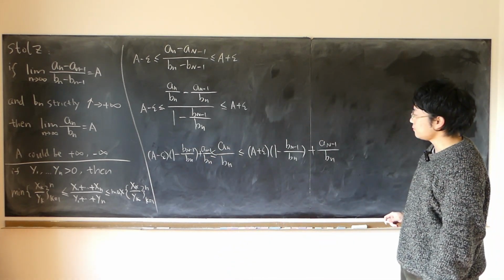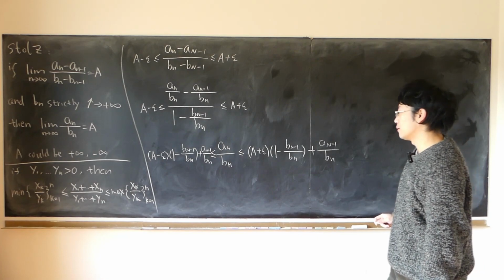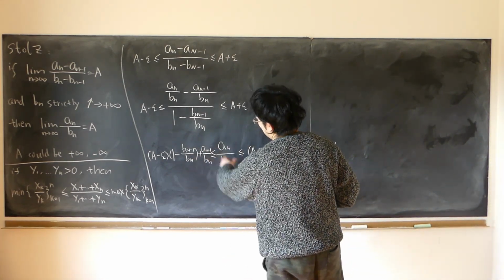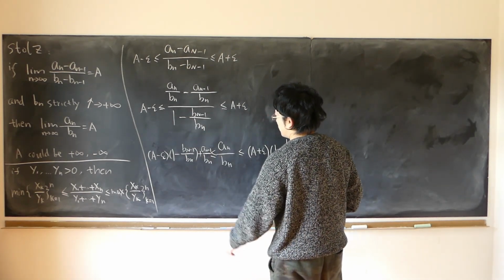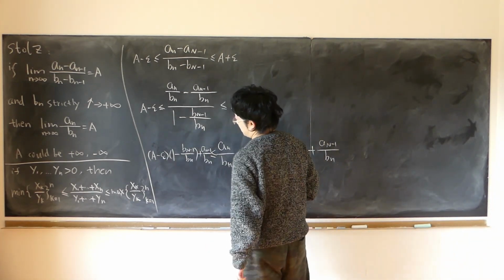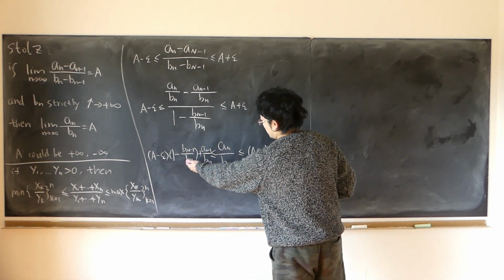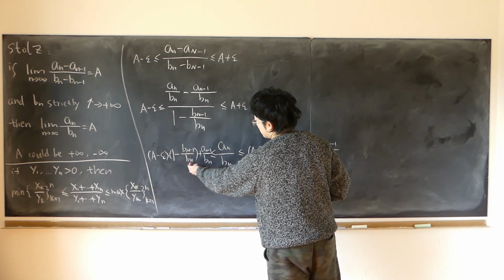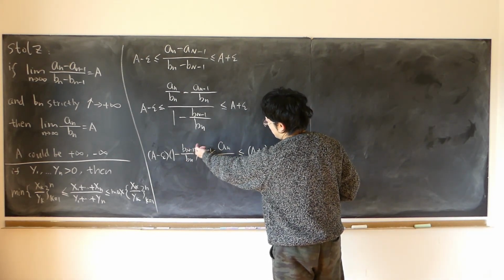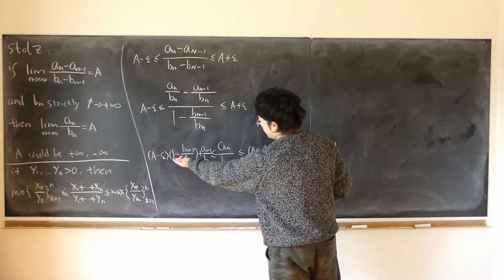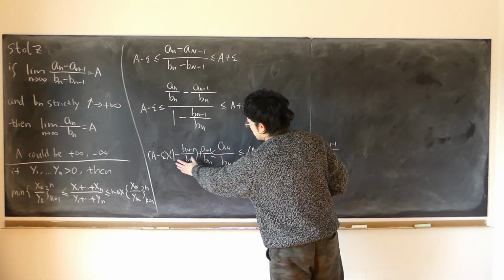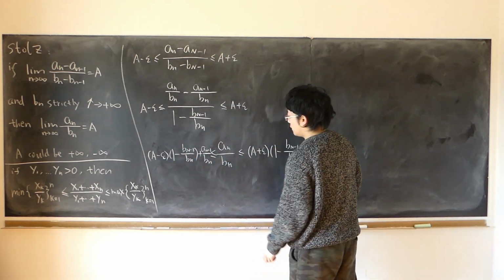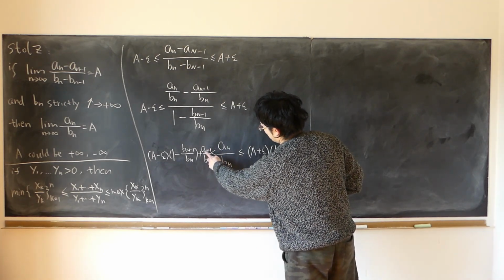Same thing. Then we can simply take the limit infimum on the left-hand side, because remember, a and epsilon are fixed. And the limit of this term exists: b capital N minus 1 is a fixed number, and bn approaches infinity. So this term approaches 0, and this term approaches 1, so we approach a minus epsilon. And this term also approaches 0.